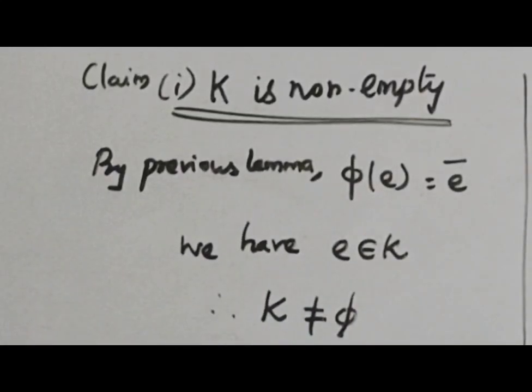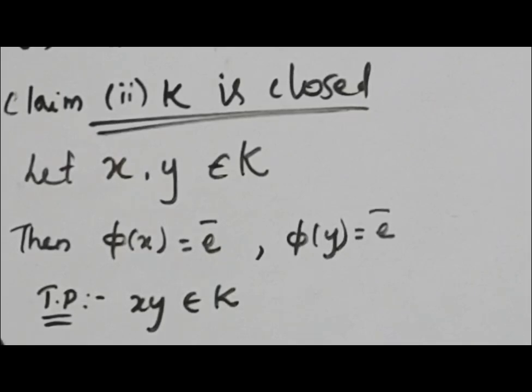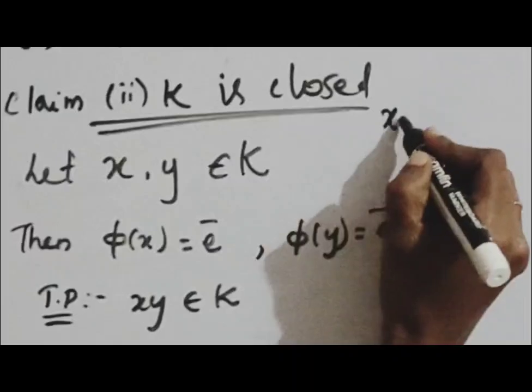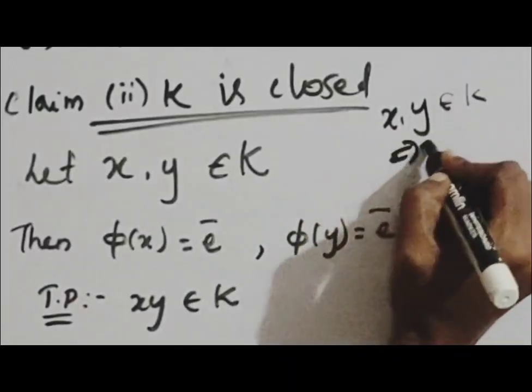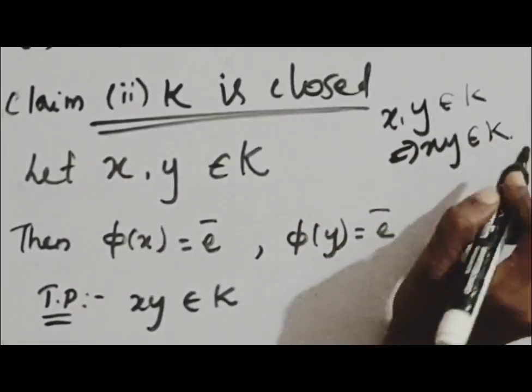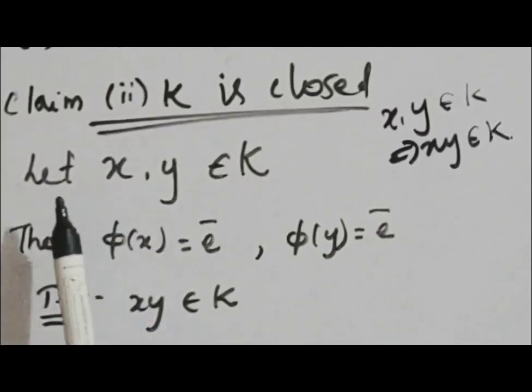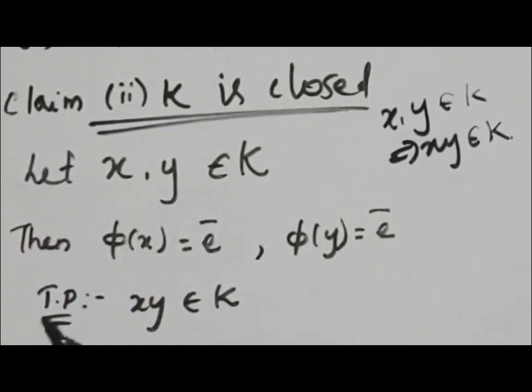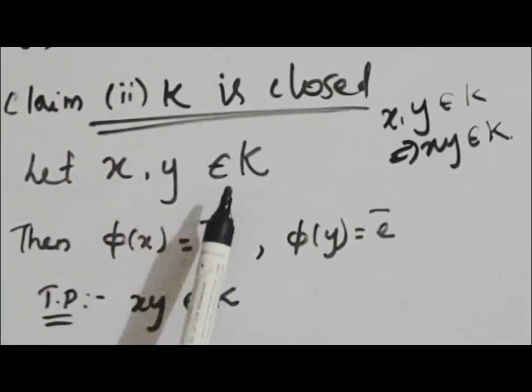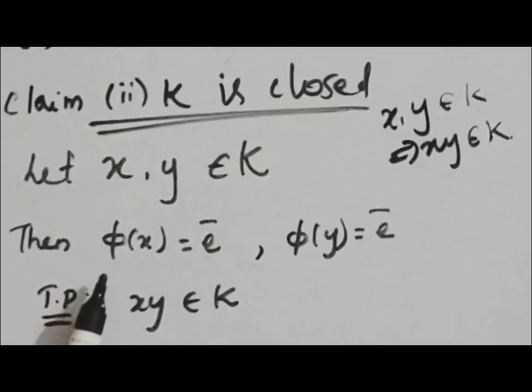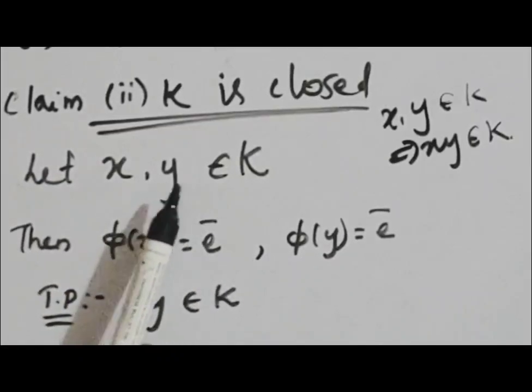Next, we are going to prove the second claim, that K is closed. If we choose two elements x and y belonging to K, and xy belongs to K, we say that K is closed. Therefore, let us choose the elements x and y belonging to K. K is the kernel, therefore phi of x is equal to e bar and phi of y is equal to e bar, where e bar is the identity element of G bar.